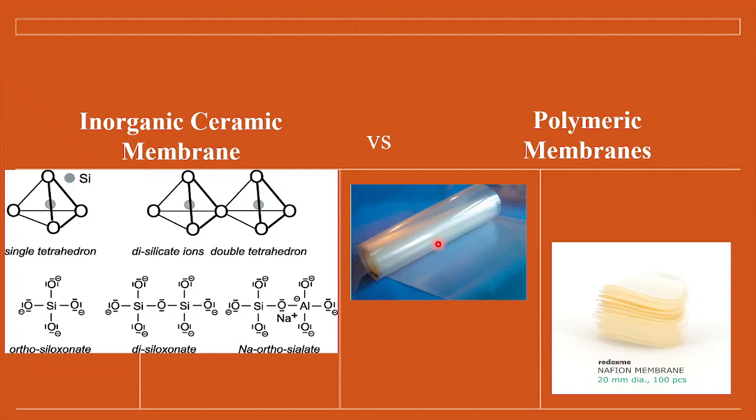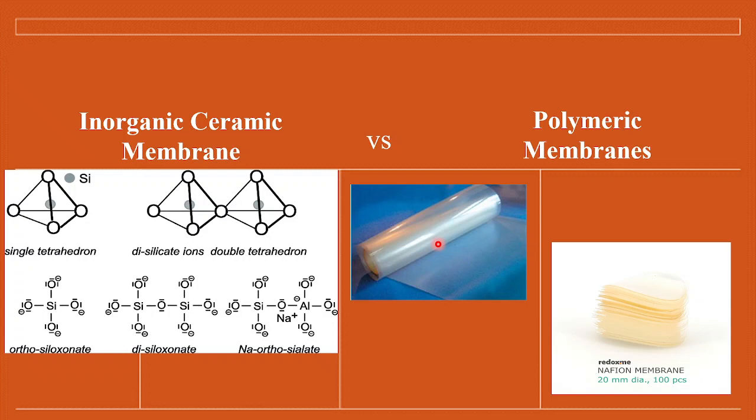So just like what Miss Chelsea said, one step forward in implementing microbial fuel cells in larger scale production is finding an inorganic ceramic membrane. Because inorganic ceramic membranes, just like bentonite and kaolinite, are minerals found in the mountains.